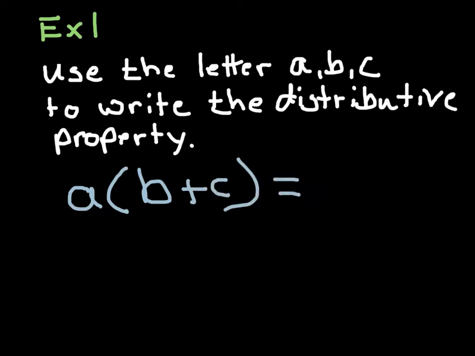The distributive property is when you take the value that's outside of the parentheses. In this example, the value outside of the parentheses is A. That's the only thing outside the parentheses. Now we're going to distribute that value.